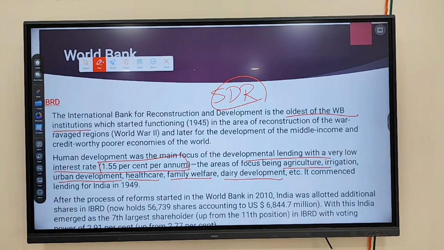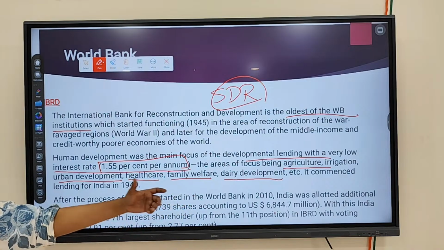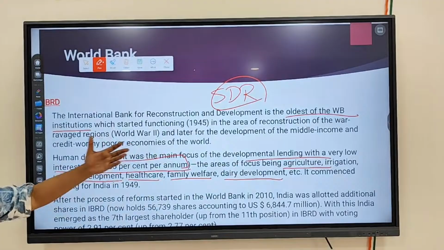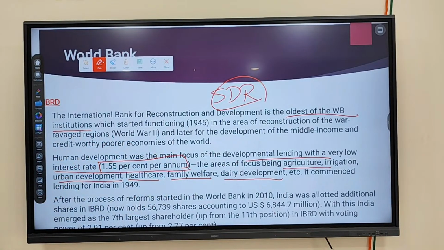Think that India needs an agriculture loan. IBRD will sanction that loan for dairy development, irrigation, urban development. If the government of India needs a loan for these specific purposes, it can take it from IBRD.